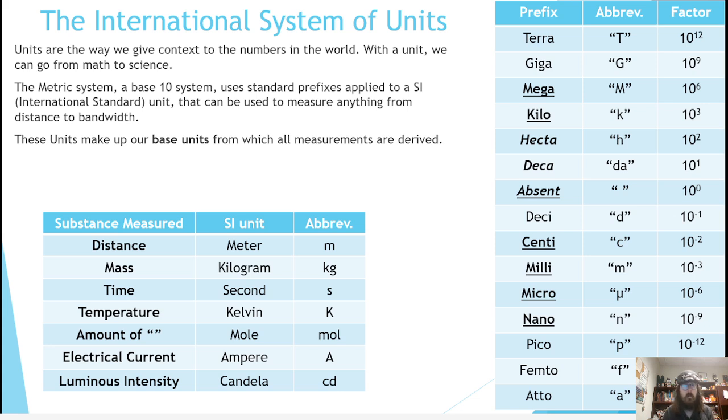So, the main system of units we'll use is what we call the SI, or System International units of measurement. It's essentially the standardized units that the world uses in general.